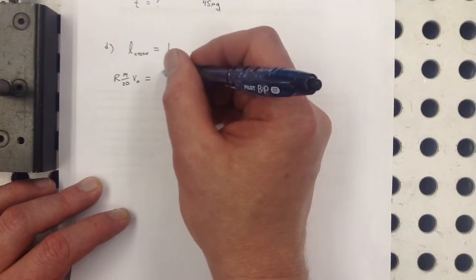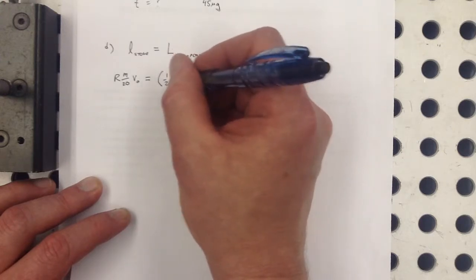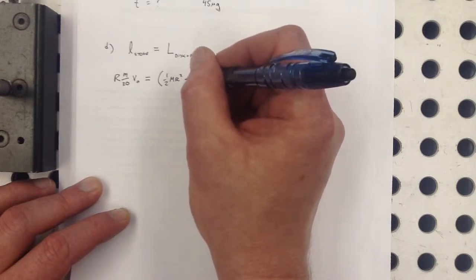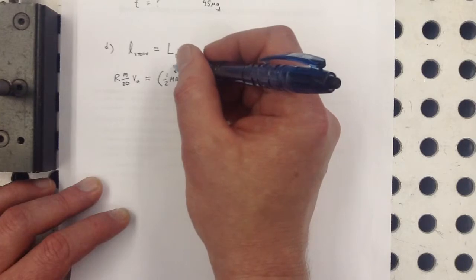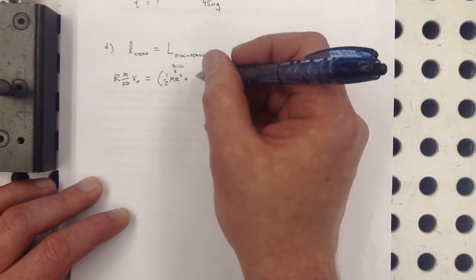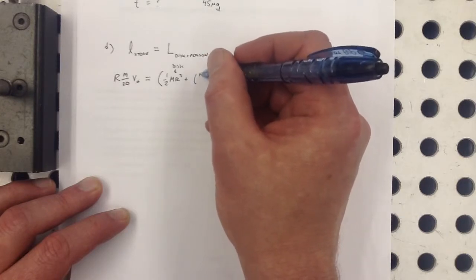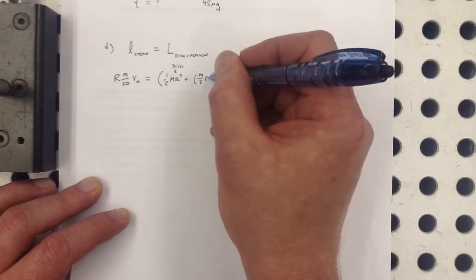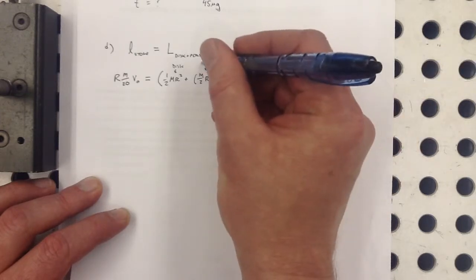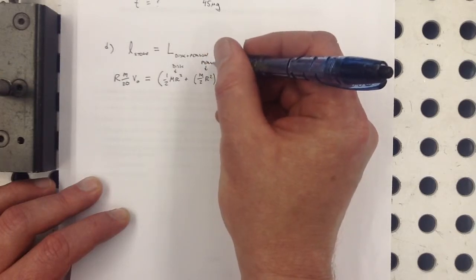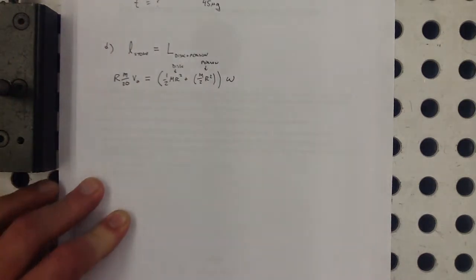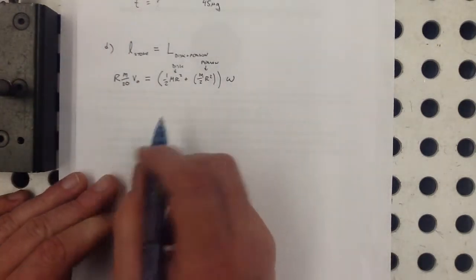So the I is the 1/2 m r squared of the disk plus the mr squared for the person. Person's like a particle, and their mass is m over 2, and they're standing at the edge, r squared. That's the person, times omega. All right, let's see what we can do with that.